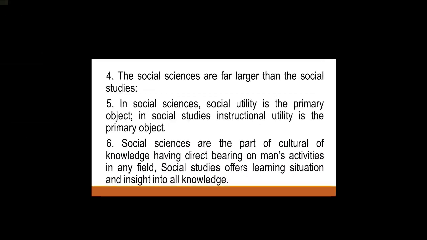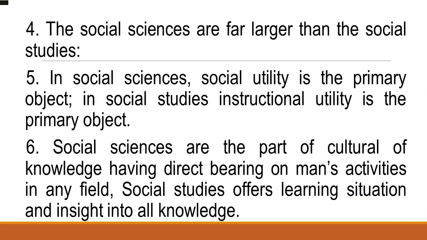Fourth, the social sciences are far larger than the social studies. The focus of social science is to find out new truth about human relationship. The purpose of the social studies is to guide adolescents in their learning of a selected portion of what has been discovered in the social sciences.